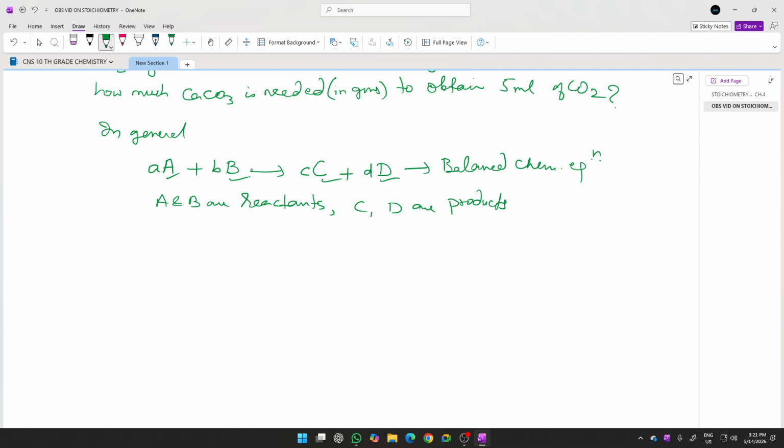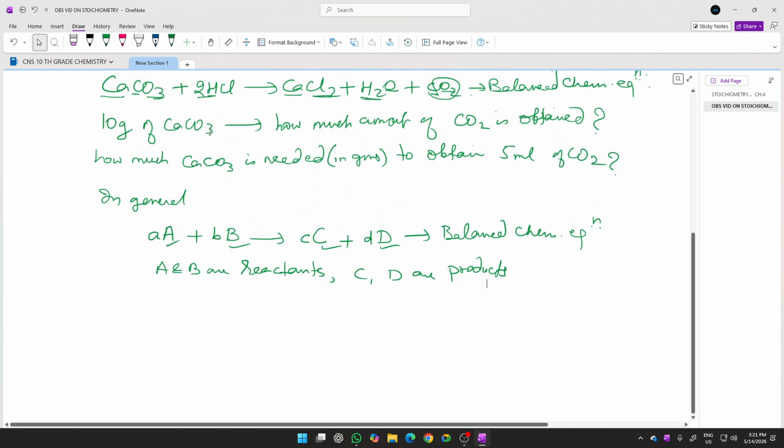Like in the case above, A can be calcium carbonate, B can be hydrochloric acid HCl, C can be calcium chloride, and D can be H2O. Here you have carbon dioxide also, so three products, but here I have given an example where you can get two products, C and D.